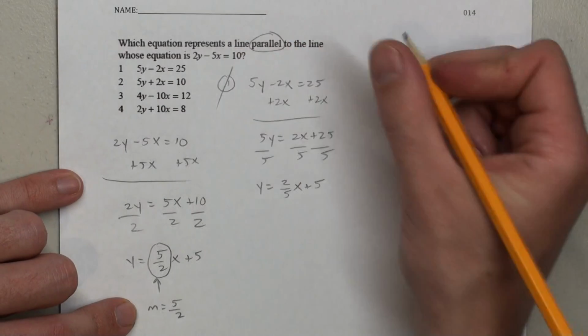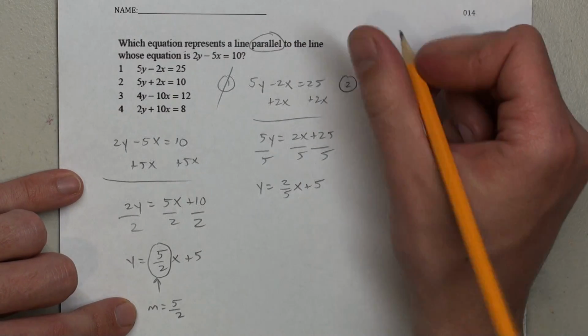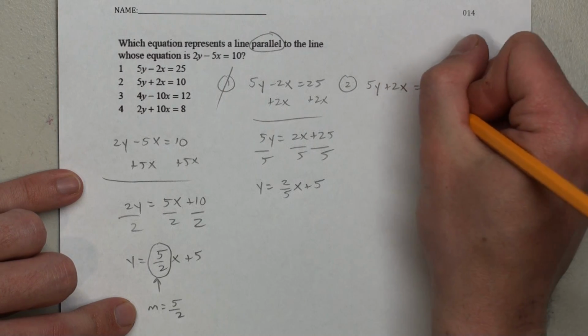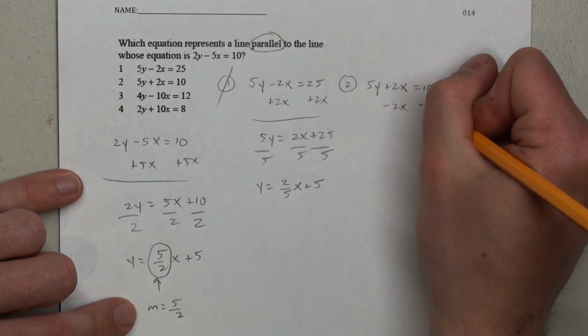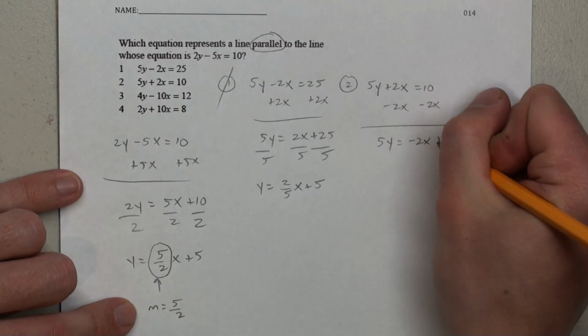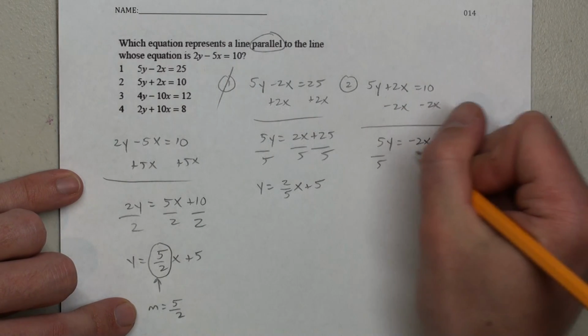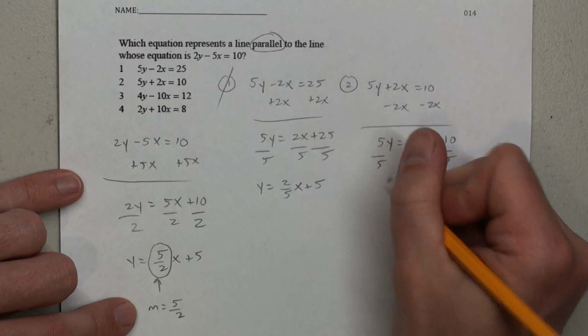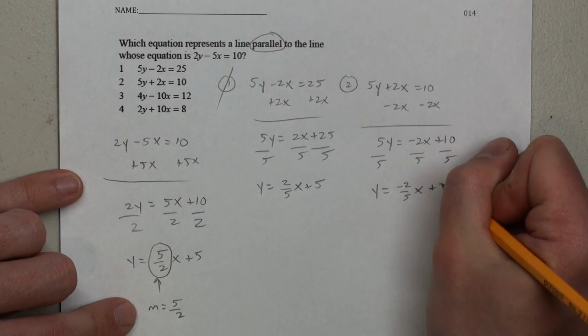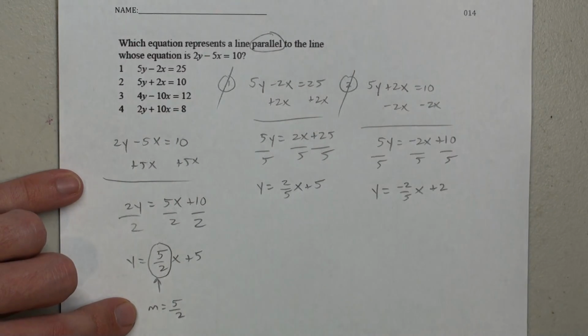It's not choice 1. Number 2. 5y plus 2x equals 10. Subtract 2x. 5y is negative 2x plus 10. Divide by 5. Y is negative 2/5 x plus 2. It's not that one.